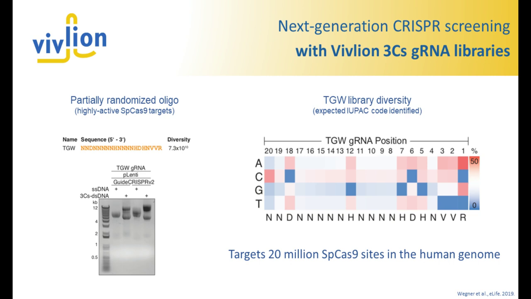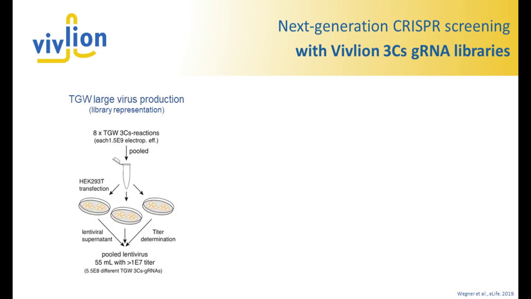In theory, this library targets 20 million SpCas9 target sites in the human genome. So this is about 200 times higher than what has been done before.